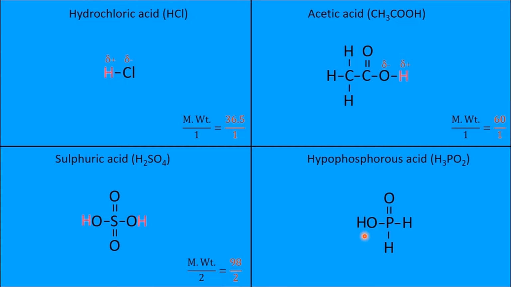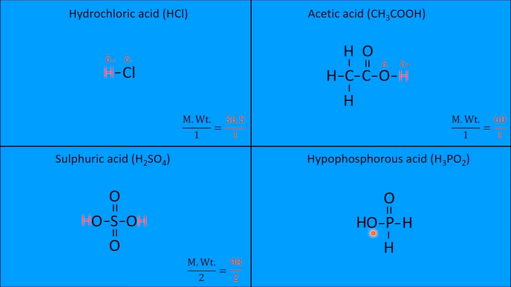Let us go to the fourth example. Hypophosphorus acid, very important, H3PO2. See how many hydrogens are here? 3 hydrogens. Can you imagine it is a tribasic acid? No, all hydrogen atoms may not be replaceable.